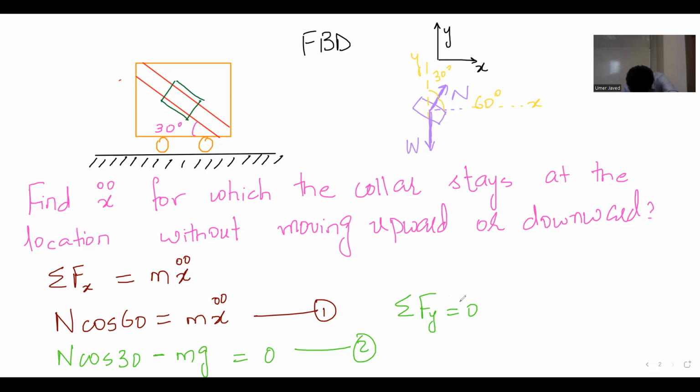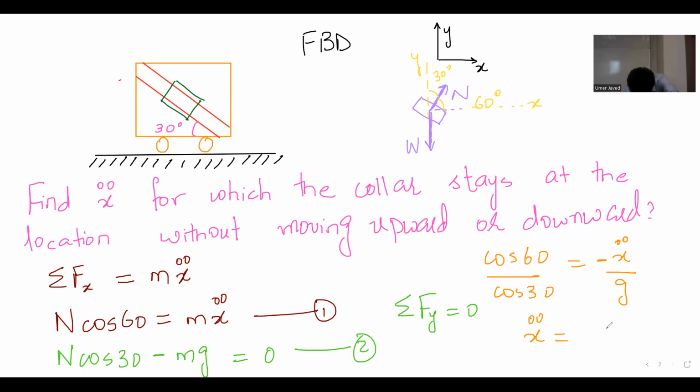Okay, nice and beautiful. So we get cosine 60 over cosine 30, correct? Equal to minus x double dot over g. So I suppose the x double dot comes out to be minus 1 over square root of 3 times 9.8.